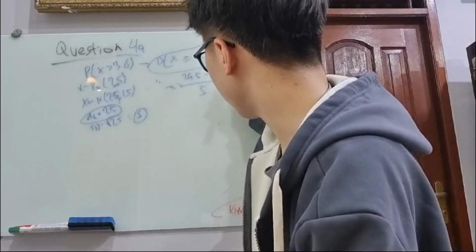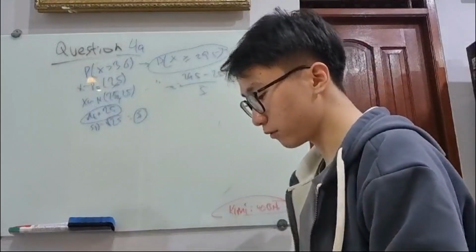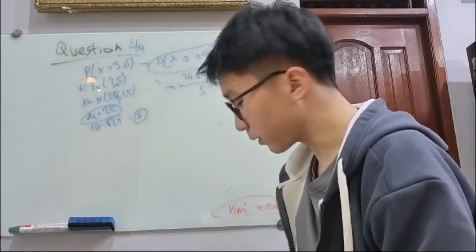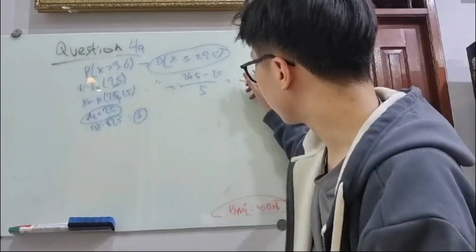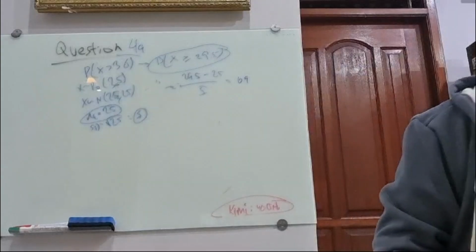Sorry for my messy handwriting. Okay, so 29.5 minus 25 divided by 5, we get 0.9. We just need to input it on our calculator.